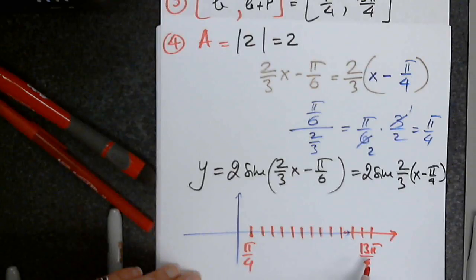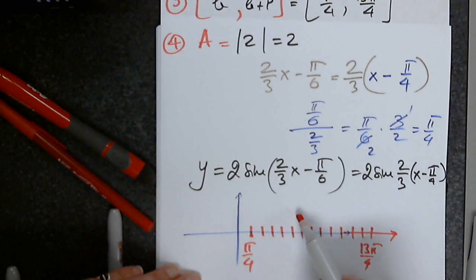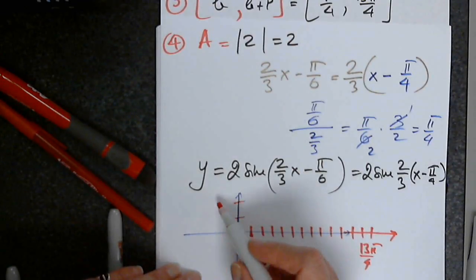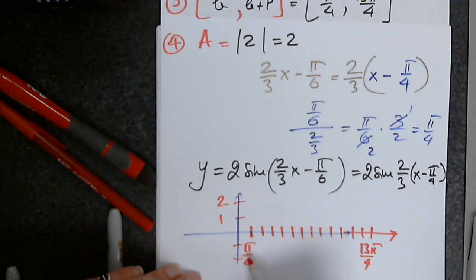Right in the middle, the function will go up to 2, assuming that this is 2 and this is negative 2. Right in the middle it will cross, right?